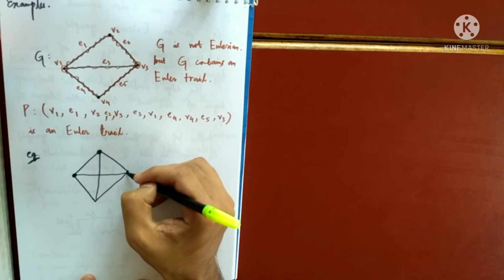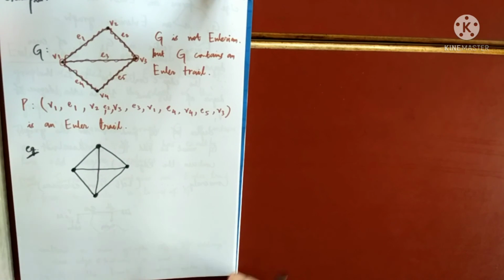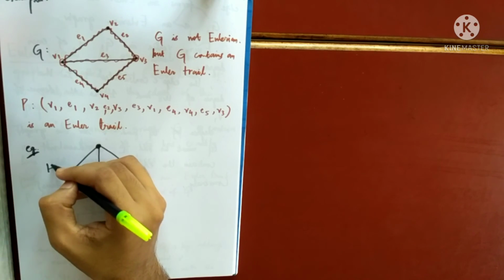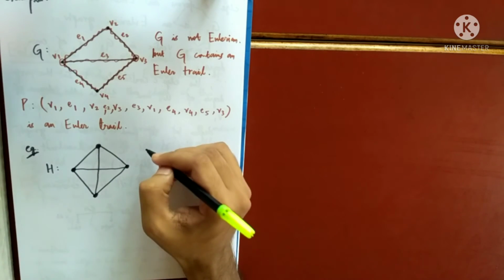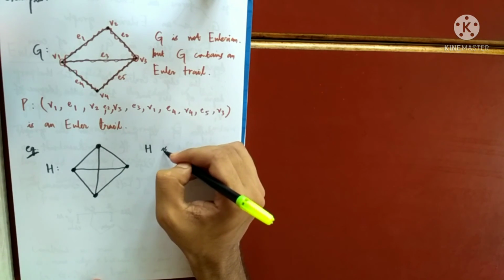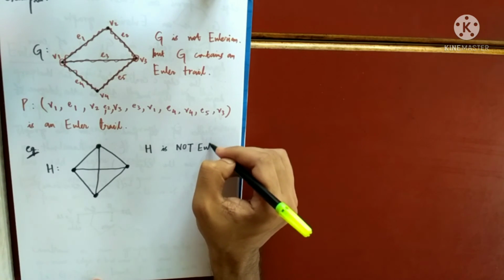These are the vertices. Is this graph H Eulerian? H is not Eulerian. Very good.